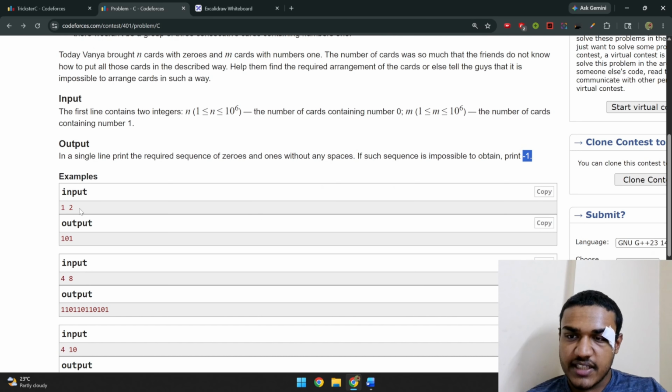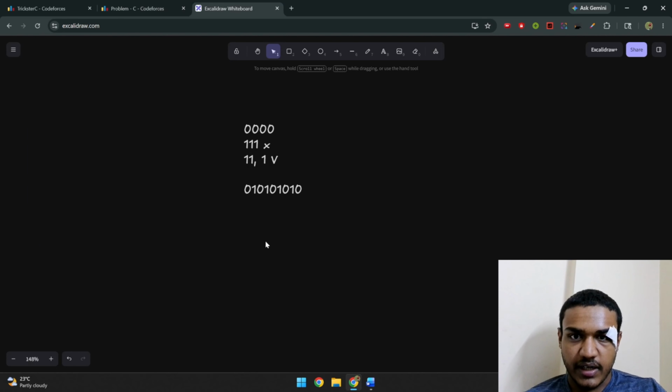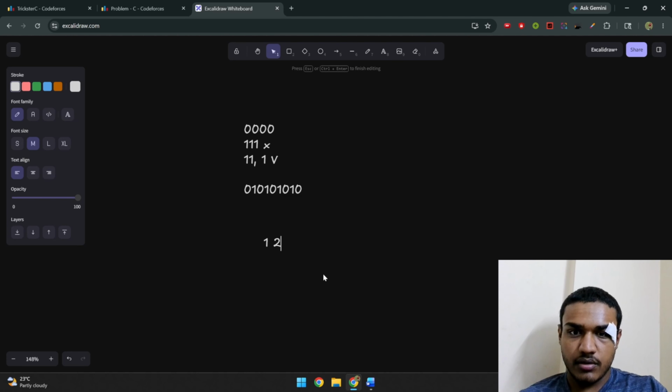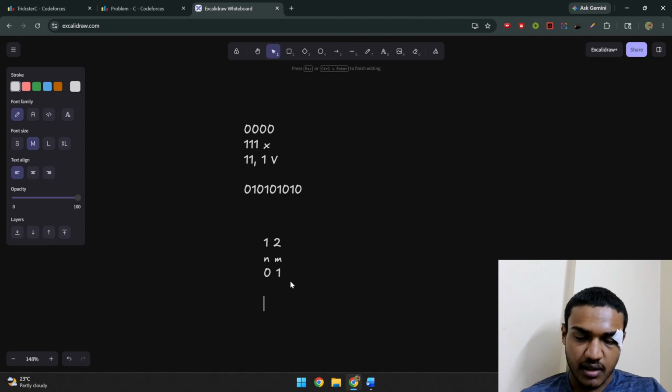Let's look at an example here, 1 and 2, where 1 is n and 2 is m. So we have one 0 and two 1s. For the answer, this could be 1 1 0, or 0 1 1, or 1 0 1.